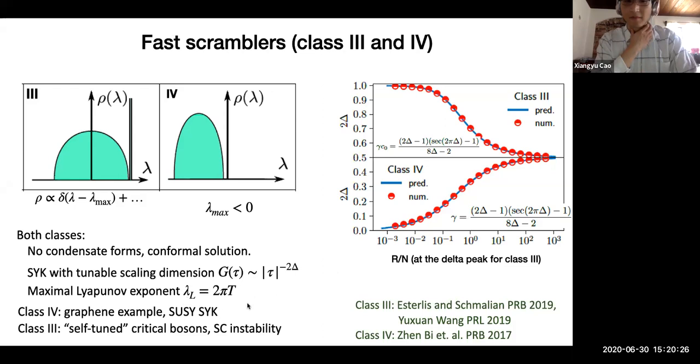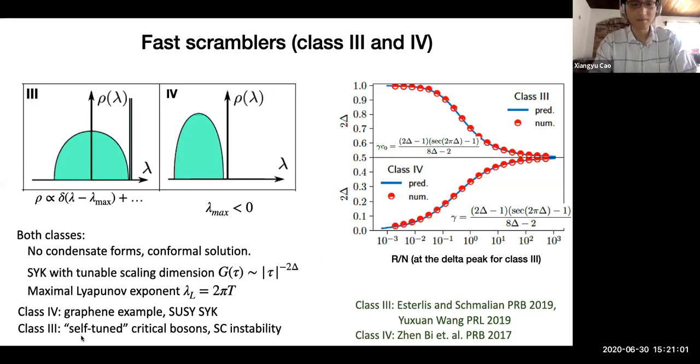And in particular, the graphene example that we discussed plausibly falls in class 4 because the Coulomb interaction is repulsive. So you can show that the lambdas that you obtain are all negative, and it also contains some N equal to 1 supersymmetric SYK discussed by Subir Sachdev and collaborators.